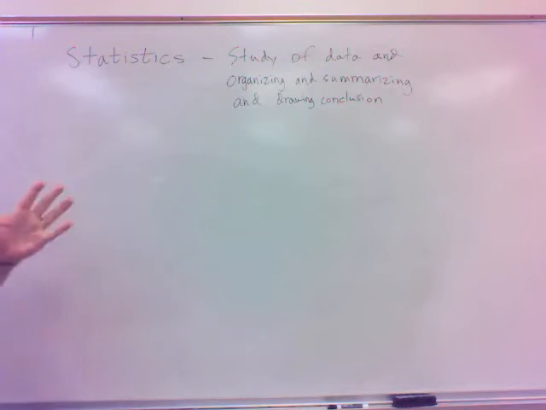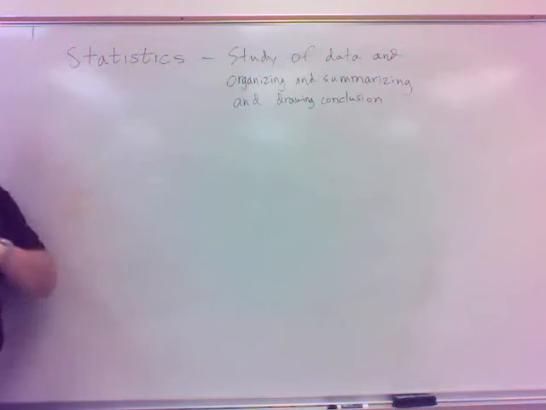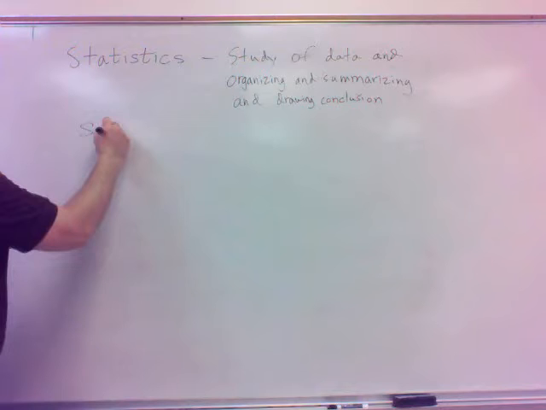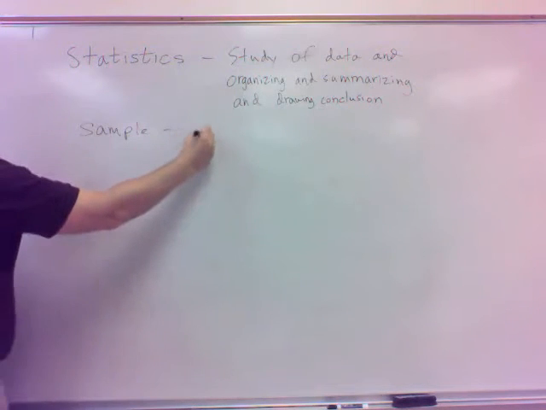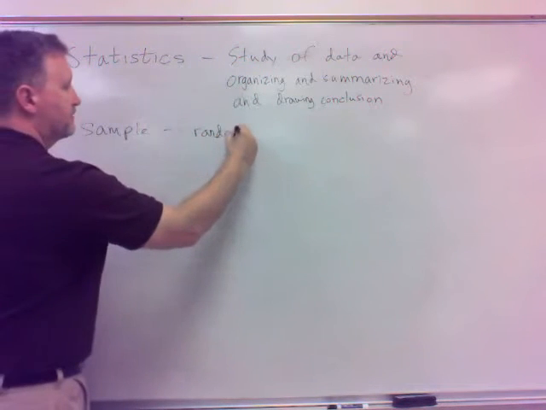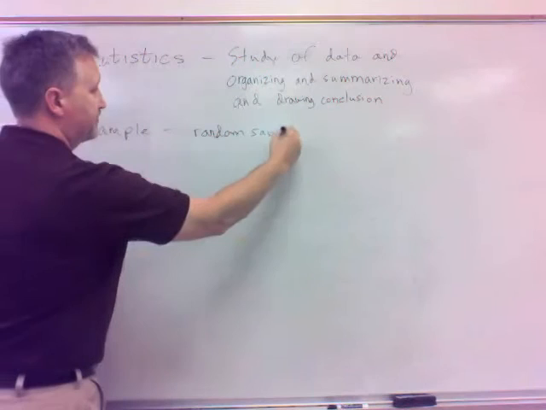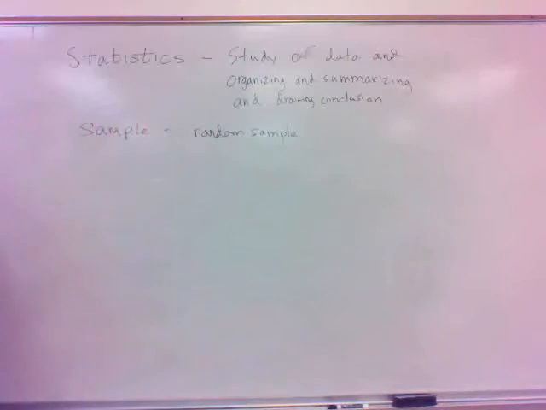For one thing, they may not vote, but for another, it's just impossible to do the whole group. So we want to come up with a sample that represents the group at large. And what we try to strive for is a random sample. That's the best type of sample you can get.